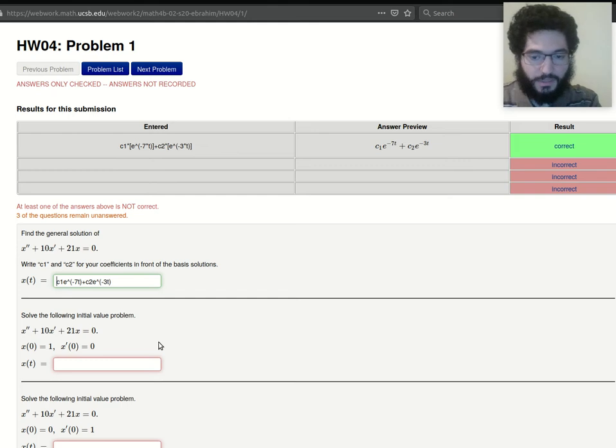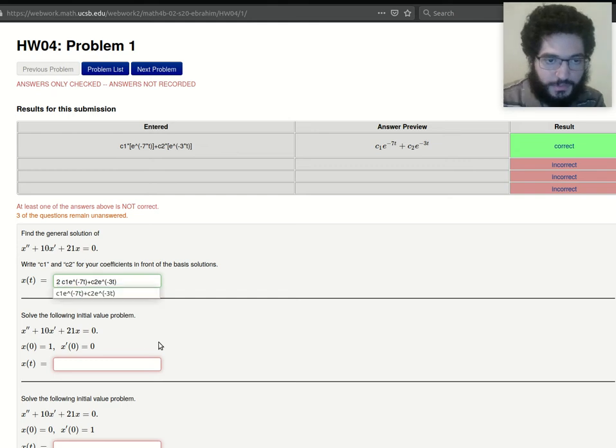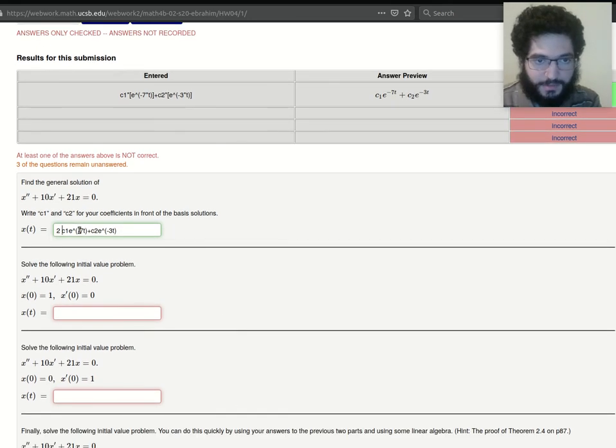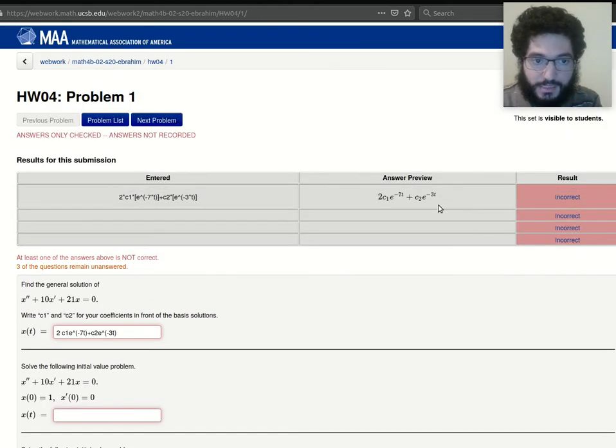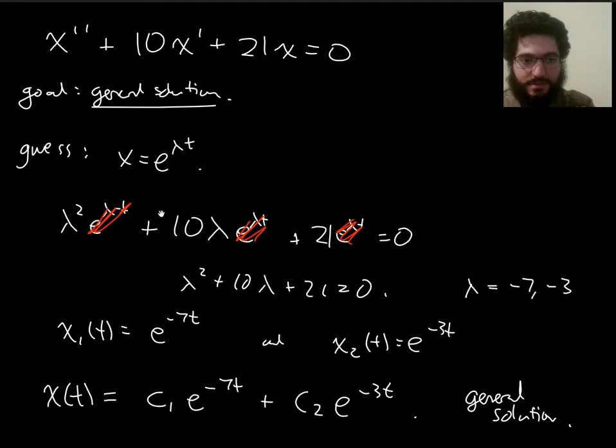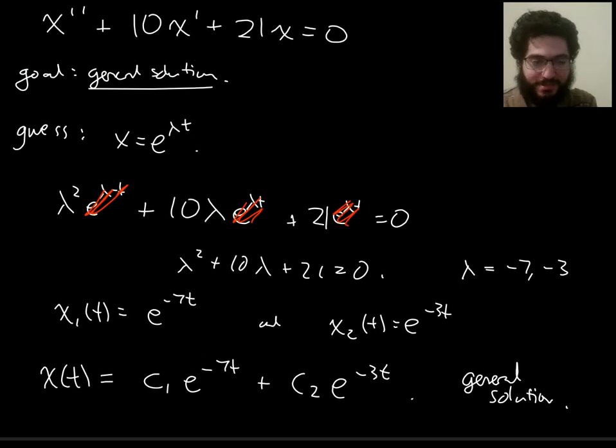But I want to show you something. If I type in 2 times C1, if I just multiply the first one by 2, then what does it say? It says incorrect. But actually, WebWork is wrong here, and I'm to blame, not WebWork, since I coded that problem.